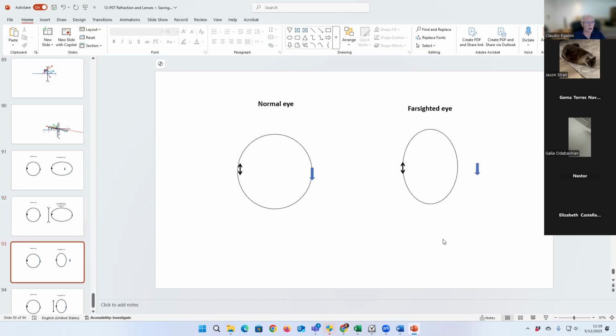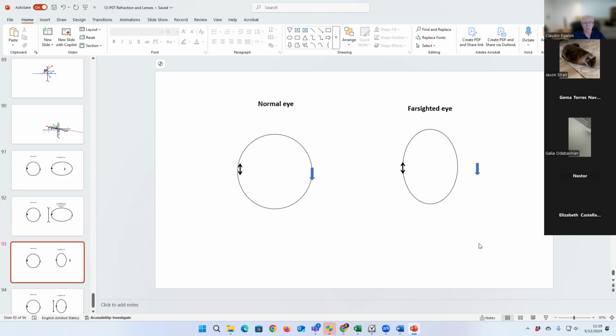Now we also have the other thing, a far-sighted eye. Instead of elongated in the horizontal direction, it's going to become elongated in the vertical direction. And the image is formed past the retina that stays right in here.